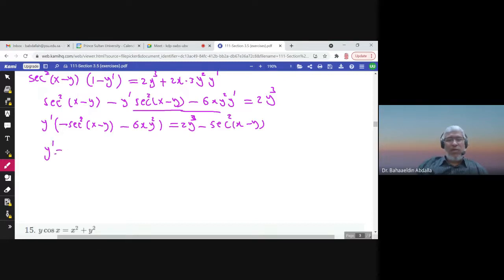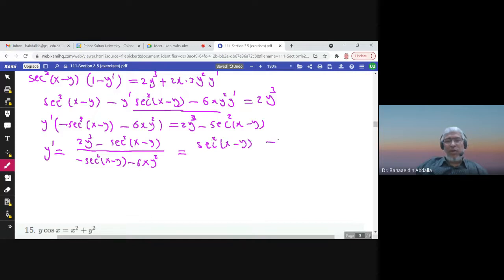So finally y prime would be 2y cube minus secant square x minus y over negative secant square x minus y minus 6x y square. I can multiply by negative 1 up and down and write it secant square x minus y minus 2y cube over secant square x minus y plus 6xy square, and there is no cancellation whatsoever because there is a minus and a plus.